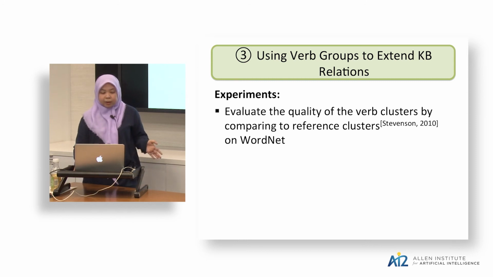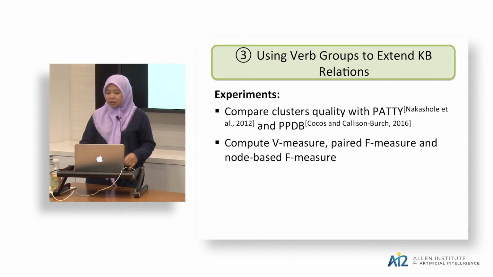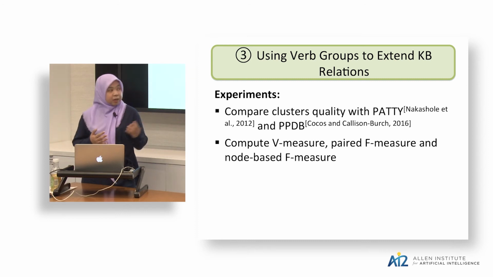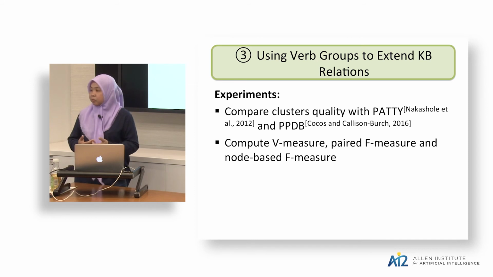And so in the experiments, we evaluate the quality of these verb clusters by comparing them to the reference clusters. In this case, we use WordNet-based reference clusters. And we compare it to PATTY, which is another high coverage resource of patterns for relation extraction, and PPDB, which is a paraphrase database that has for each phrase the different paraphrases of the same phrase.